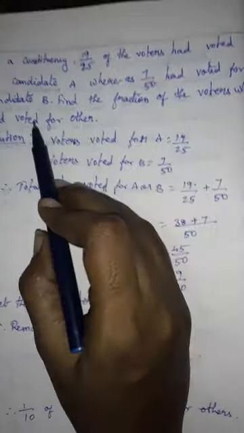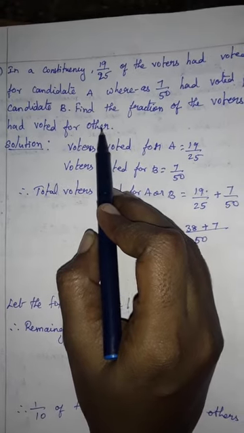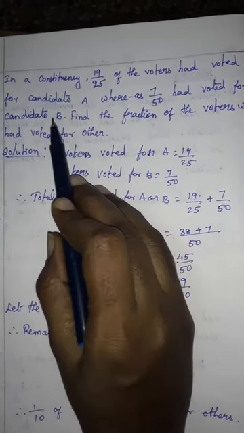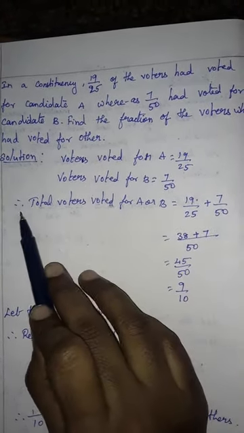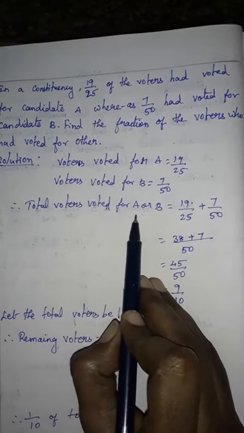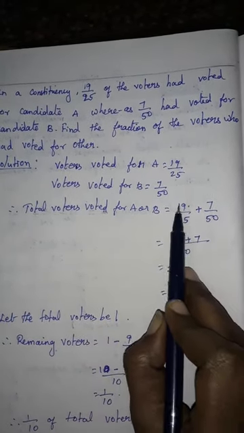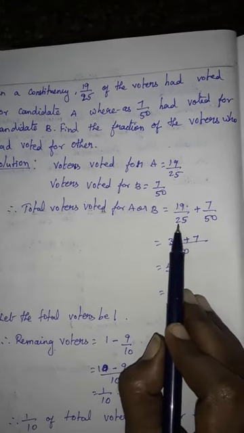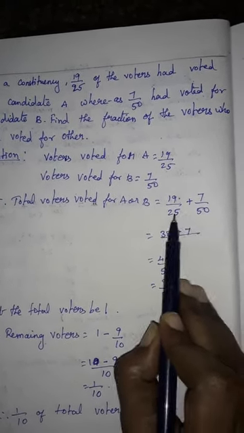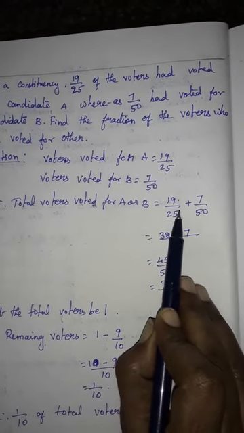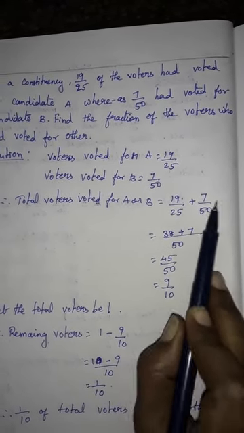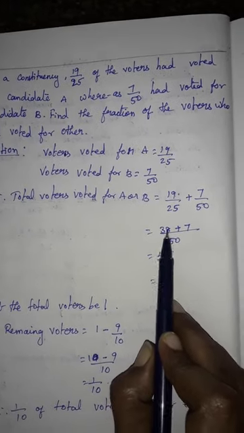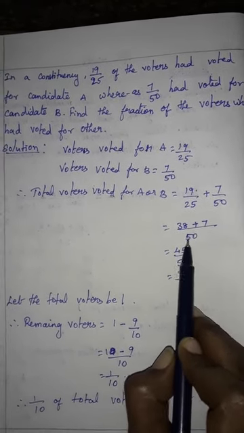To find the voters who voted for others, you have to first find how many voted for A or B. Therefore, total voters who voted for A or B equal to 19 by 25 plus 7 by 50. Here also the denominators are different. You have to take the LCM and convert this rational number into an equivalent rational number, then add it. We get 38 plus 7 by 50.